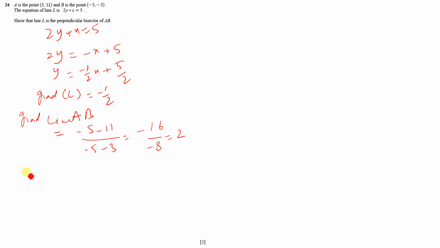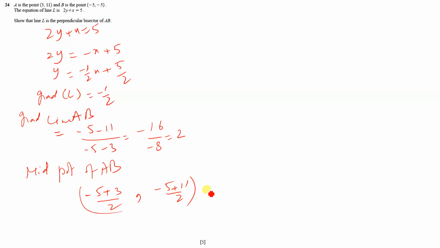So now find out coordinates of midpoint of the line joining AB, and that would be X coordinate is -5 plus 3 divided by 2, and y coordinate is -5 plus 11 divided by 2, and this gives us the midpoint -1, and this is 6 over 2, 3.